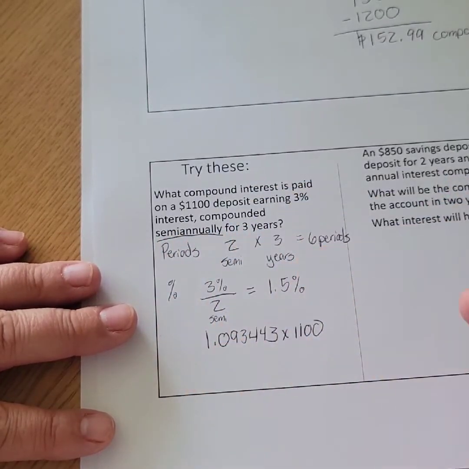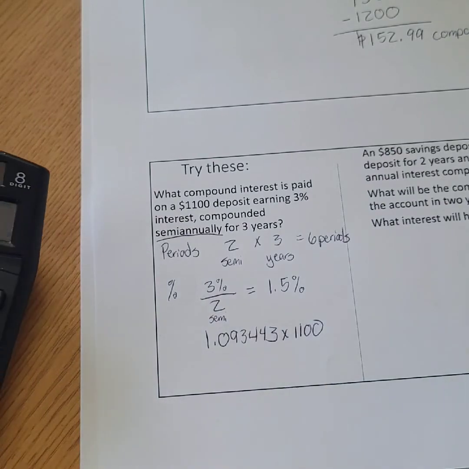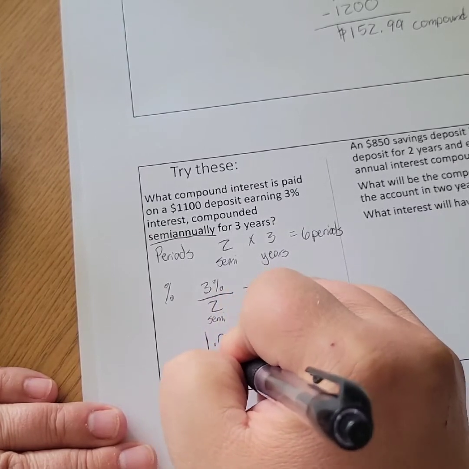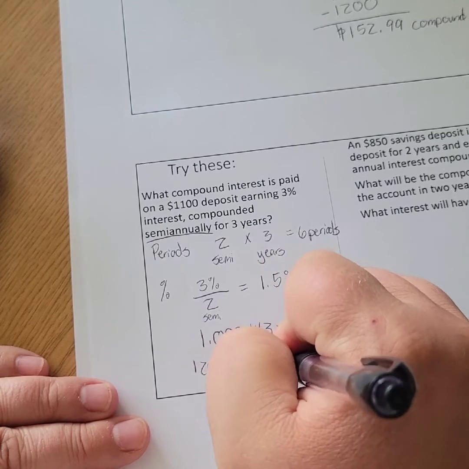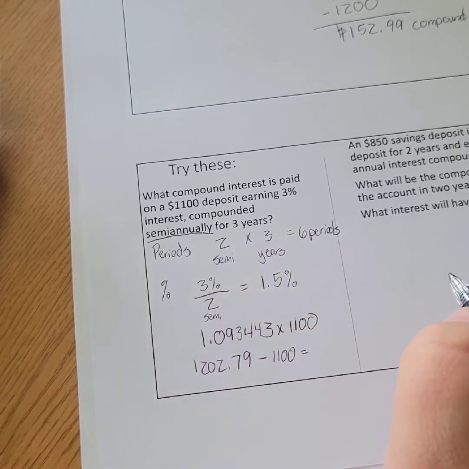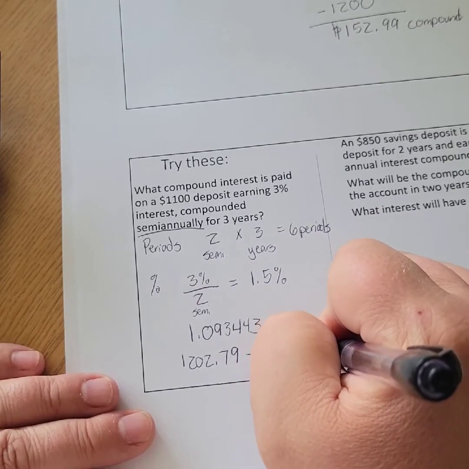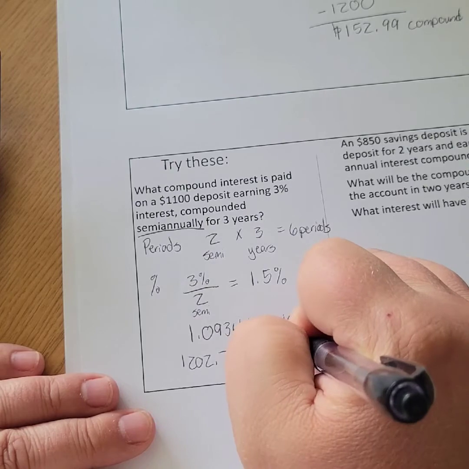So we're going to have to find the compound amount, 1.093443 times 1,100 is $1,202.79. So then we're going to subtract the 1,100. So $102.79, my bad, interest.